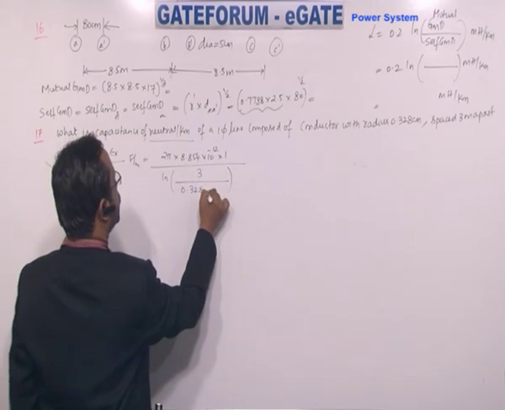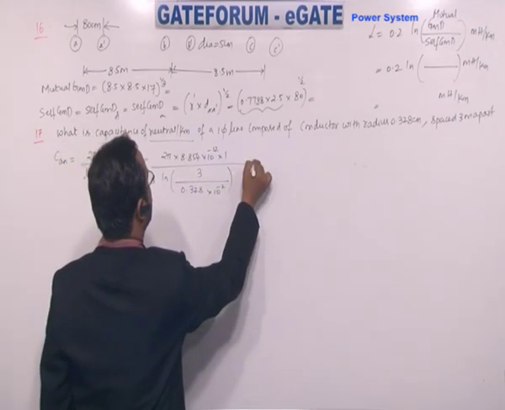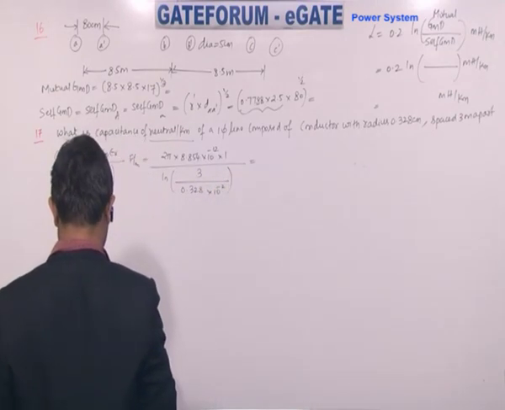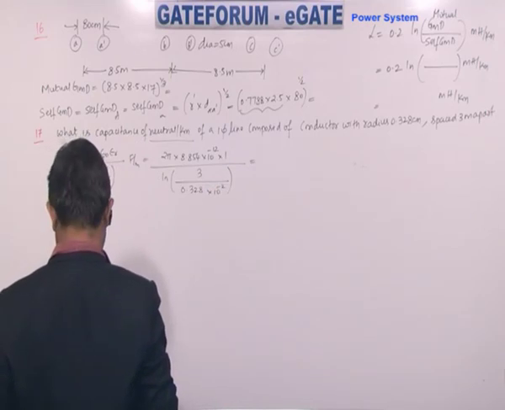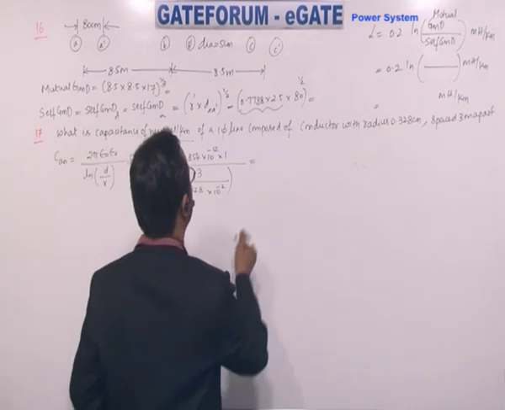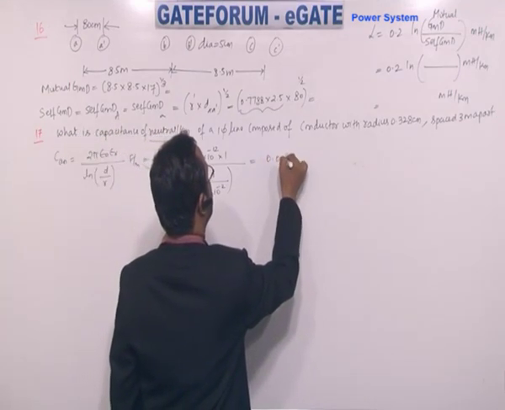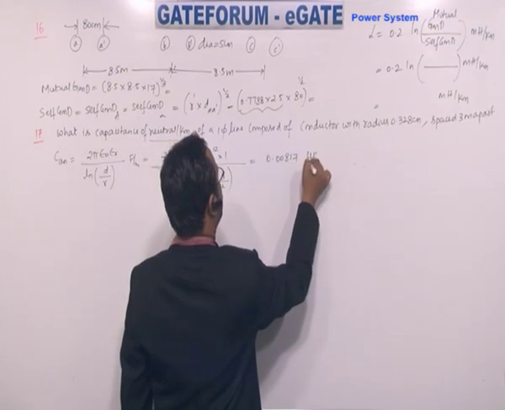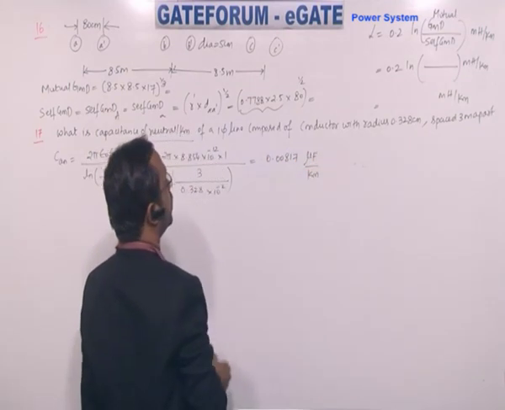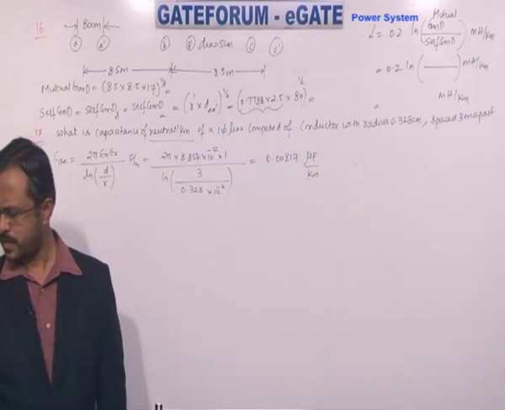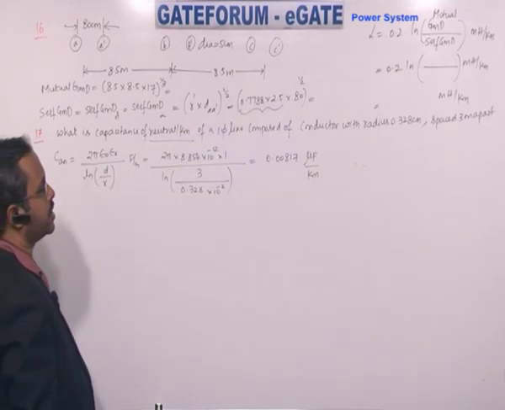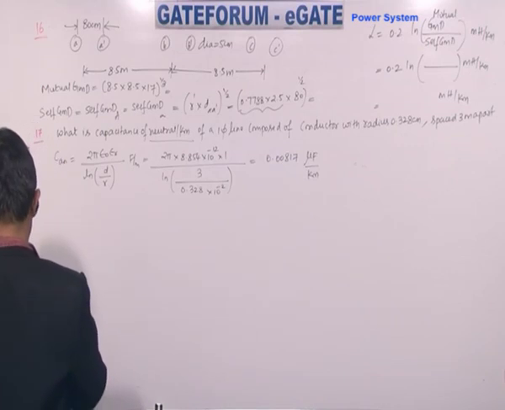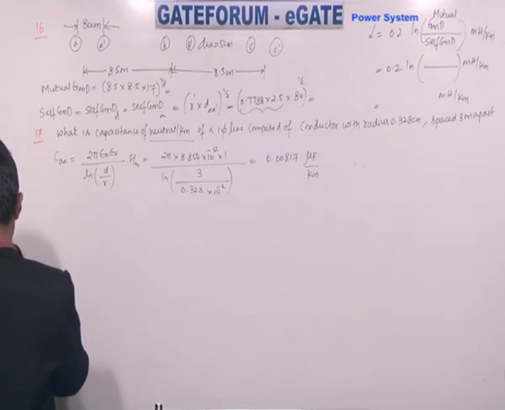Radius 0.328 centimeters. So on simplifying this one, how much do you get? 0.00817 microfarads per kilometer.